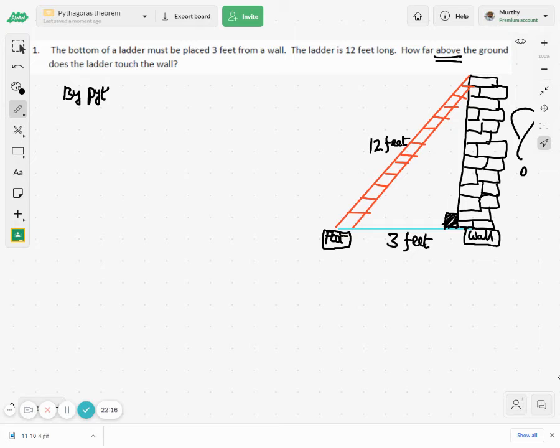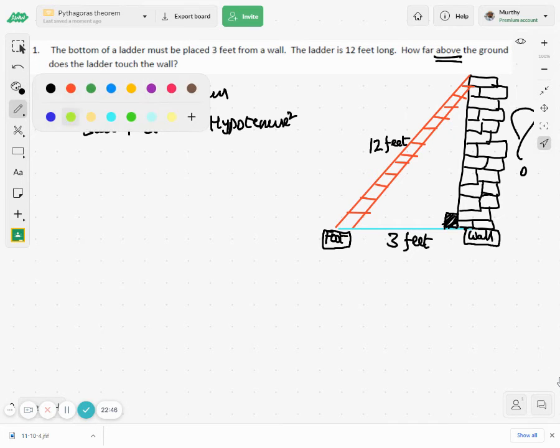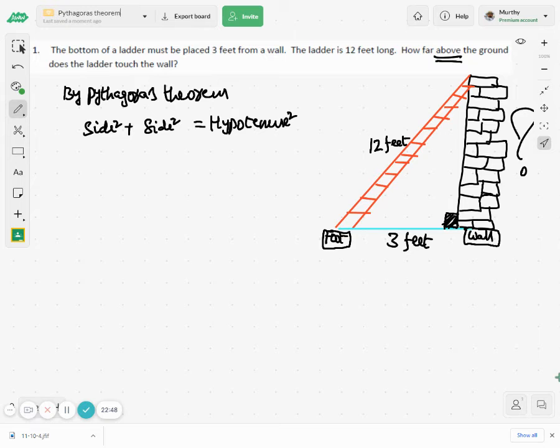Therefore, let me write the Pythagoras theorem again. As I told you before, make it a habit. Not only this formula, whenever you solve any math problem, keep writing the formula again and again, and it stays in your mind. By the Pythagoras theorem, side square plus side square equals hypotenuse square. I also prefer to identify the parts.